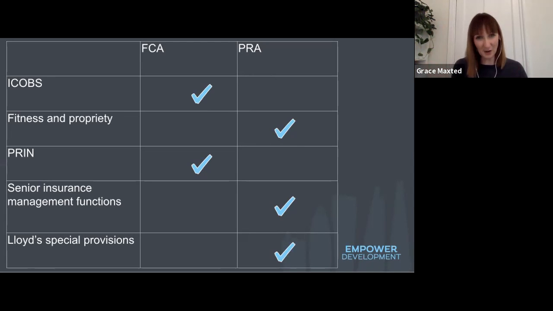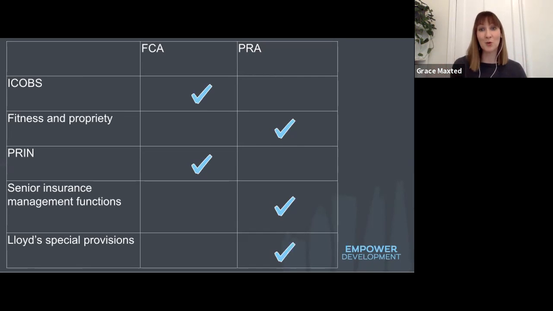In terms of the PRA, they are our remaining source books and the areas that they focus on. So we have fitness and propriety. So we're looking at, are you fit and proper to do the job that you're doing? And that does tie in ever so slightly with senior insurance management functions. So for those of you who have done the books recently or looked at other modules, we have SMCR, and that stands for Senior Managers Certification Regime.